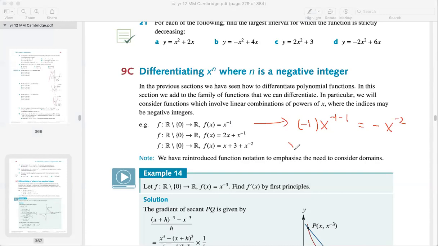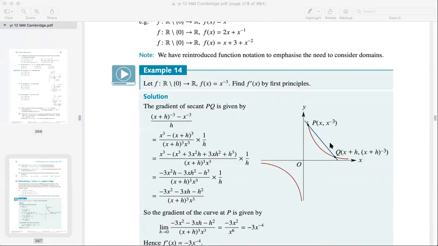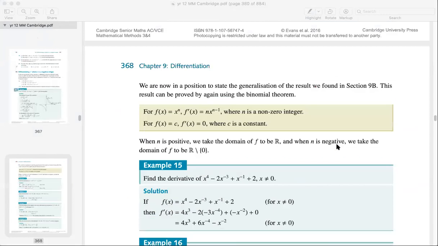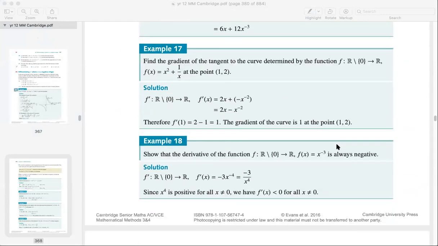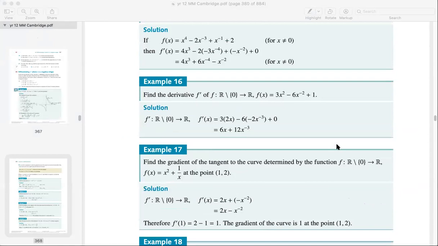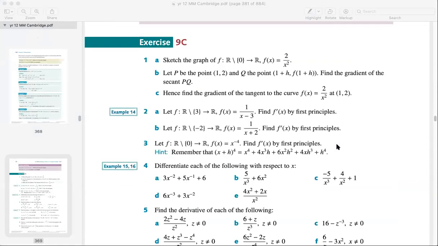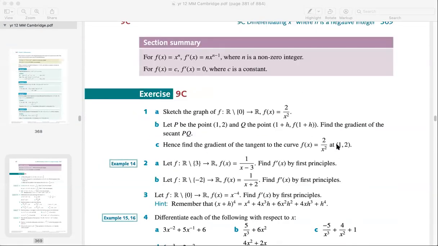Basically, x to the power of n has derivative n times x to the power of n minus 1. So 9c and 9b are essentially the same thing, only they add a negative in front of it. Okay, you guys can quickly go through these examples to become familiar with these ideas.